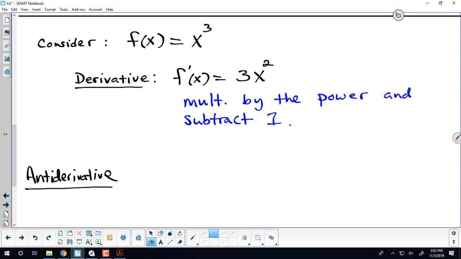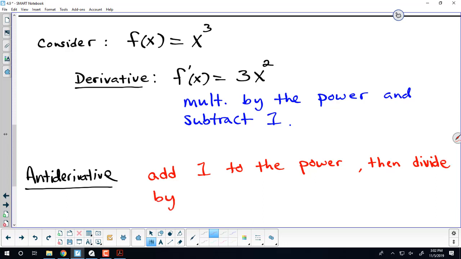Instead of multiplying by the power and then subtracting 1, we would add 1 to the power, then divide by whatever that result is, 1 plus the power.